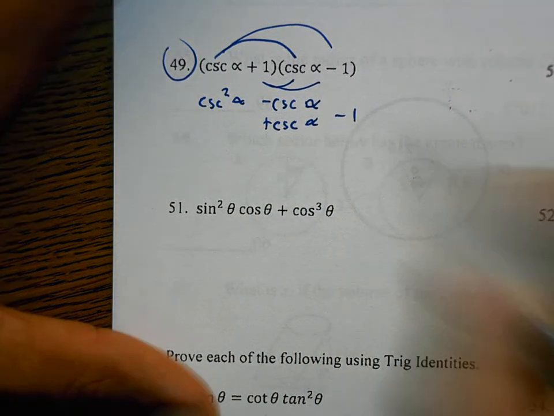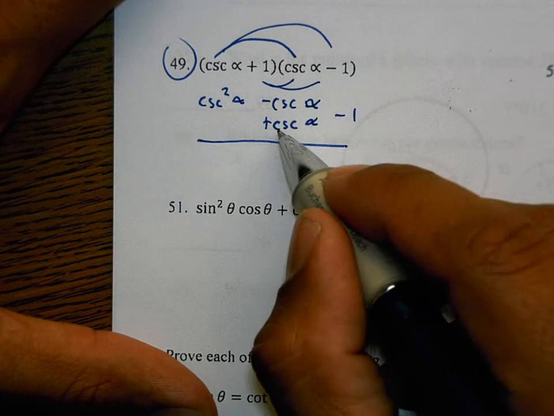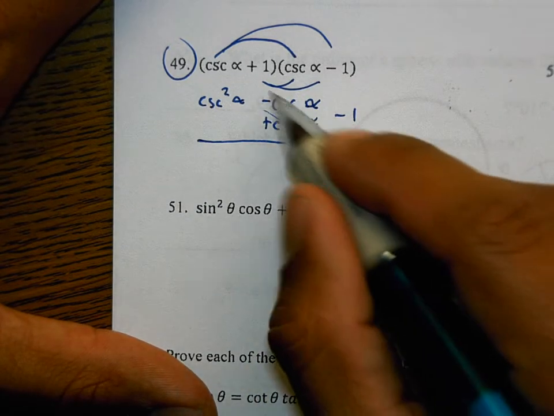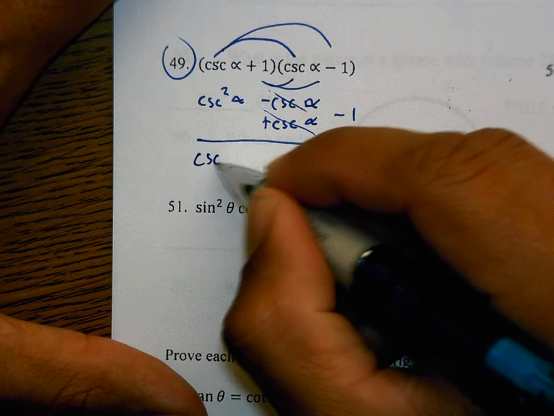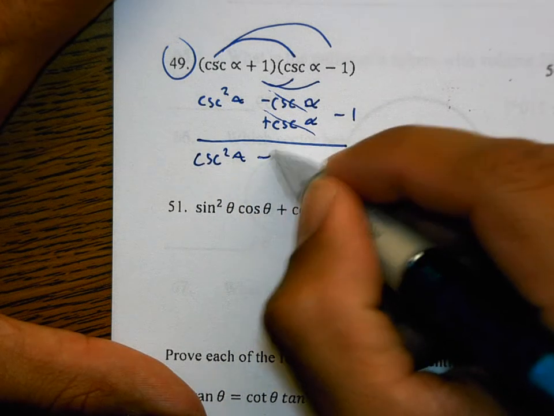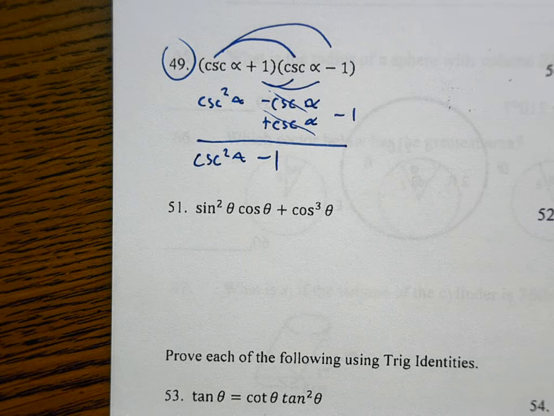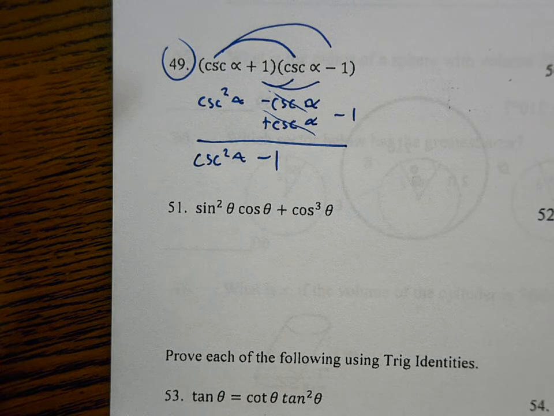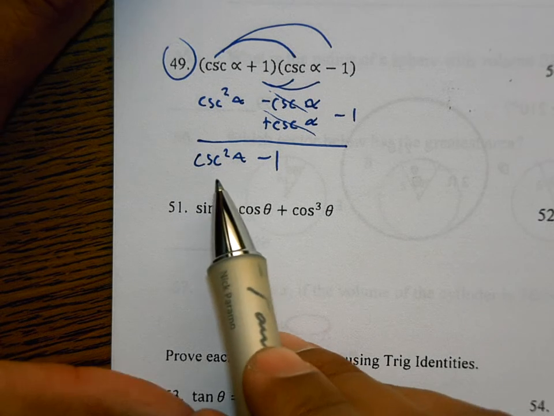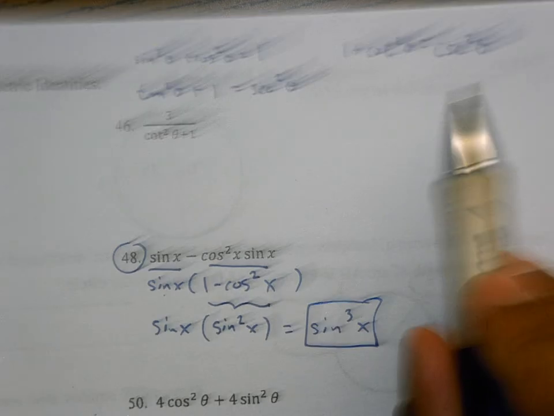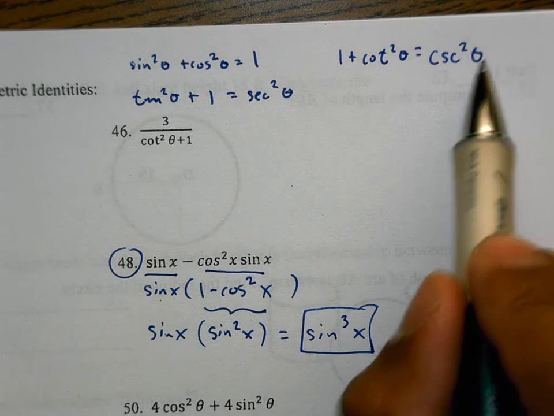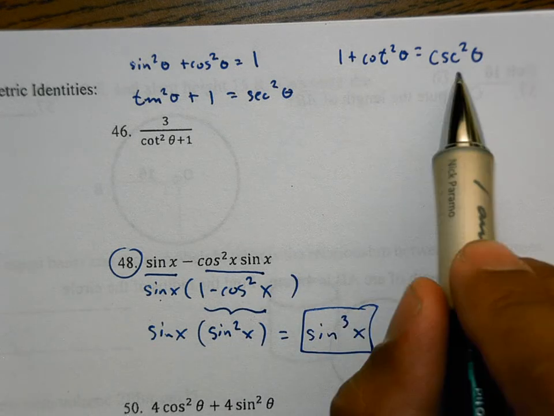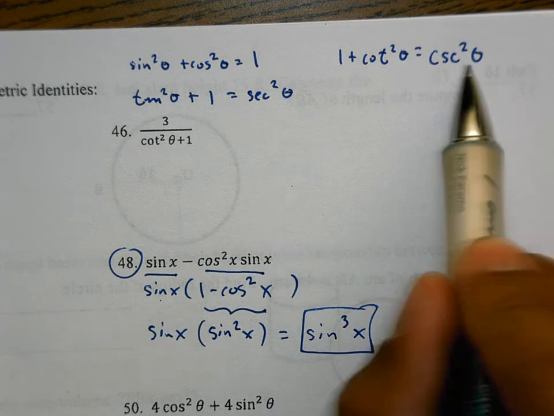And then a positive cosecant of alpha and a subtracted cosecant of alpha cancel each other out, and you have cosecant squared of alpha minus 1. After I FOIL that out and get to this, I go, oh, hey, that looks good. If I have cosecant squared and I subtract 1, I can take it from 2 items down to 1 item. Cosecant squared minus 1 will equal something.